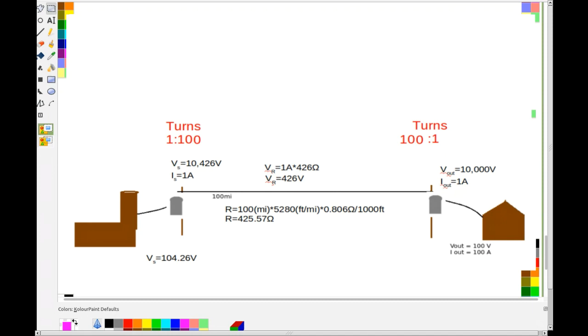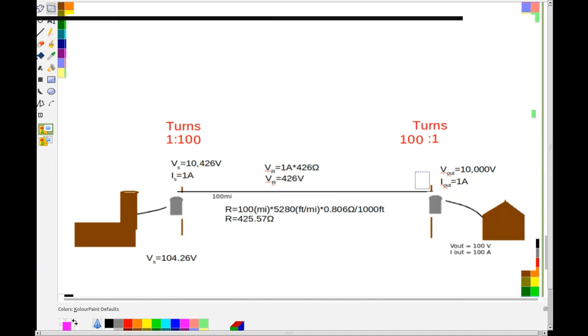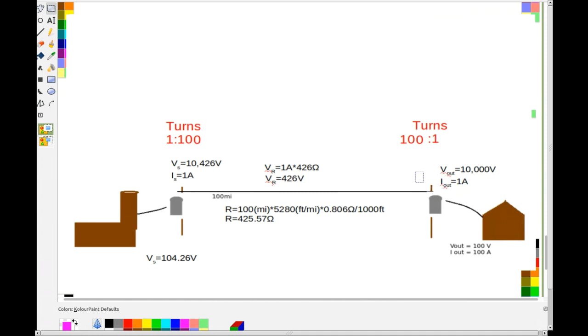However, if we use a transformer, what's going to happen here is we can step up the voltage. So instead of them providing us at my house, outside my house here at my transformer, they're still giving me 100 volts inside my house.